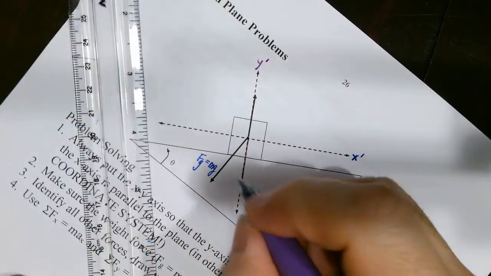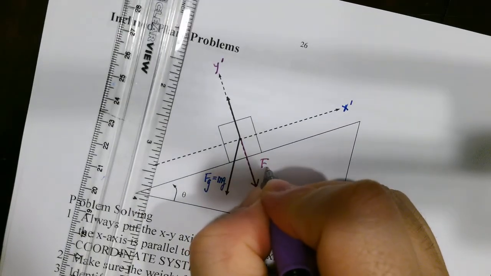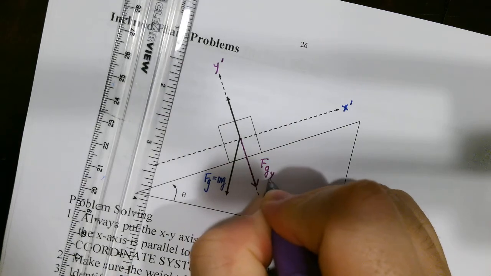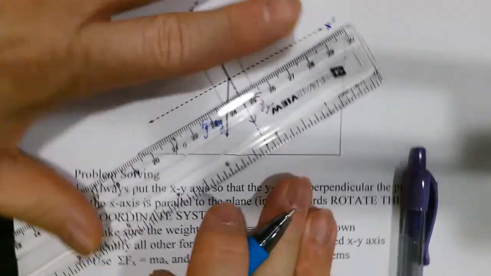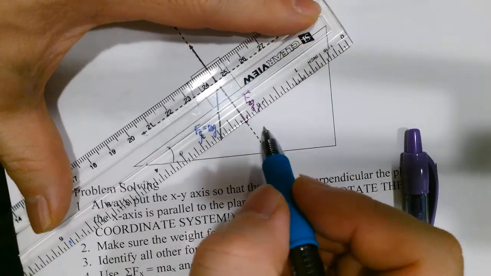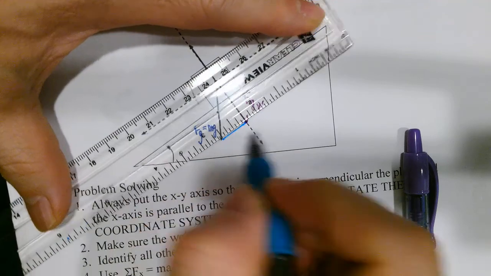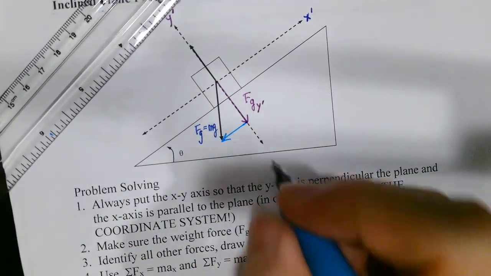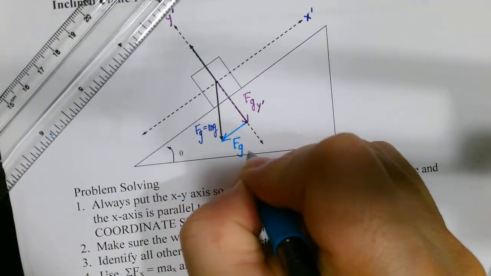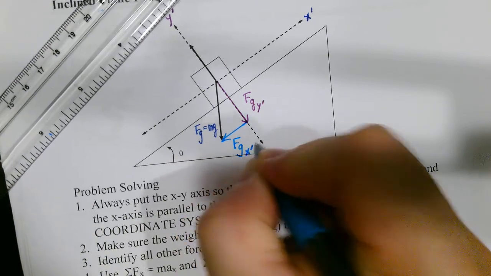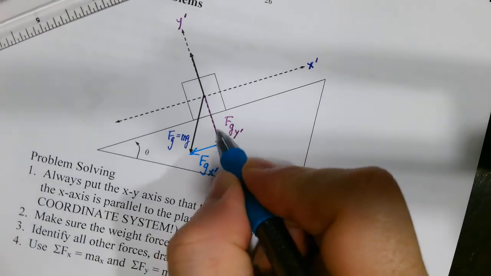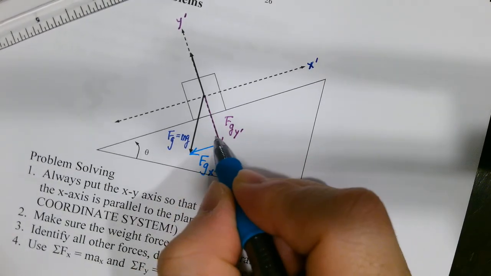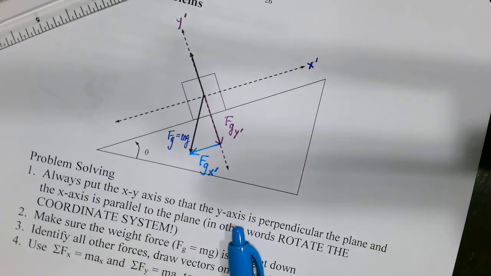Here, this will be my FGy prime, and this would be my FGx prime. This angle right here between FGy and FGx is 90 degrees.